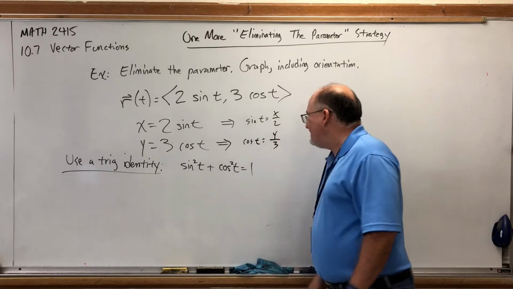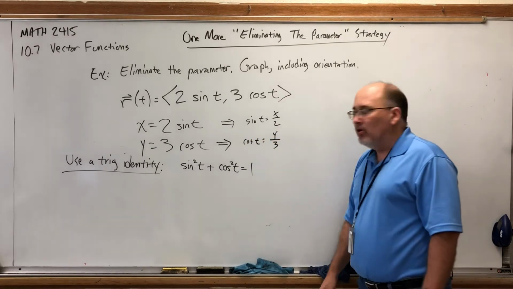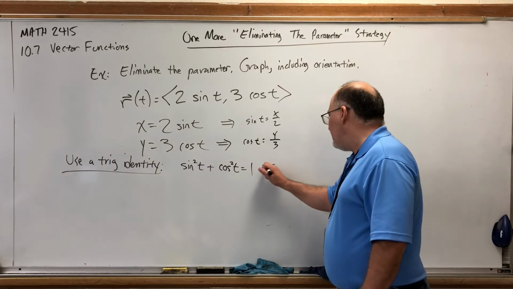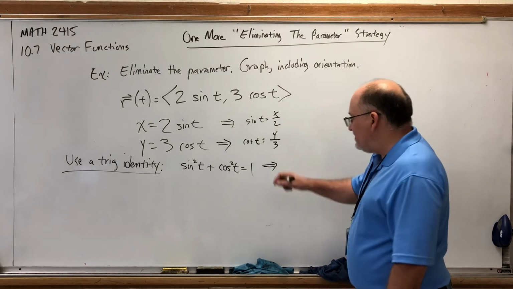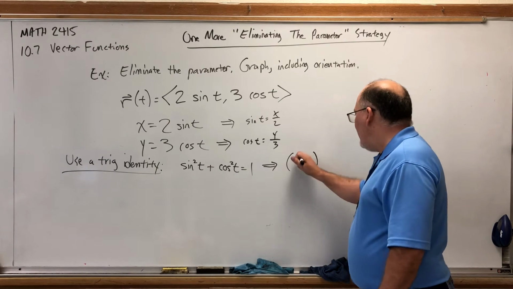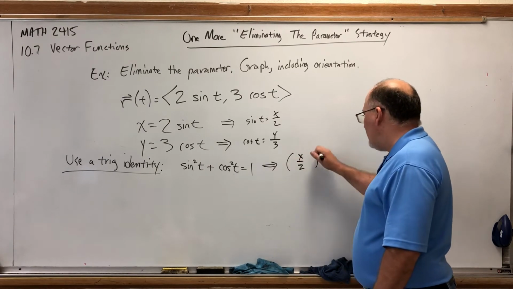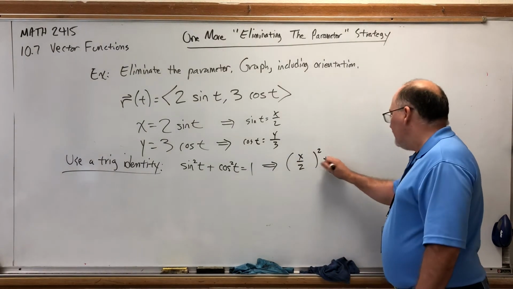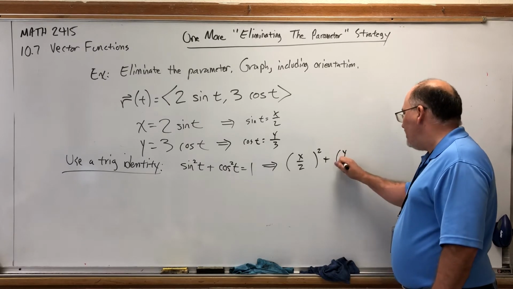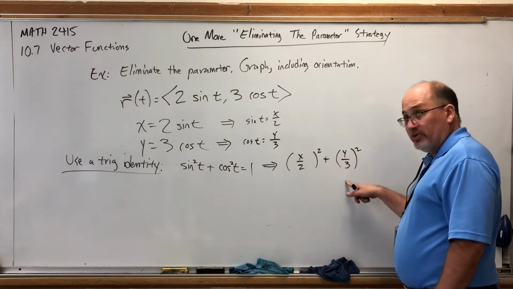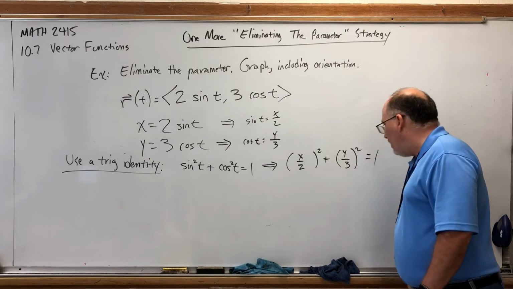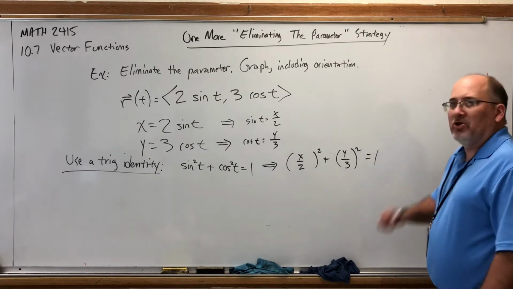And now that we know what sine t and cosine t equal, we can insert them into this trig identity by replacing the sine with x over 2, but the sine was squared, so is this. The cosine with y over 3, but the cosine was squared, so is this, and setting it equal to 1. This should look familiar.